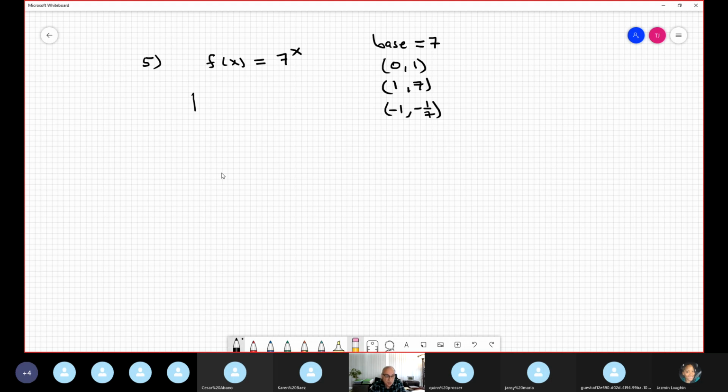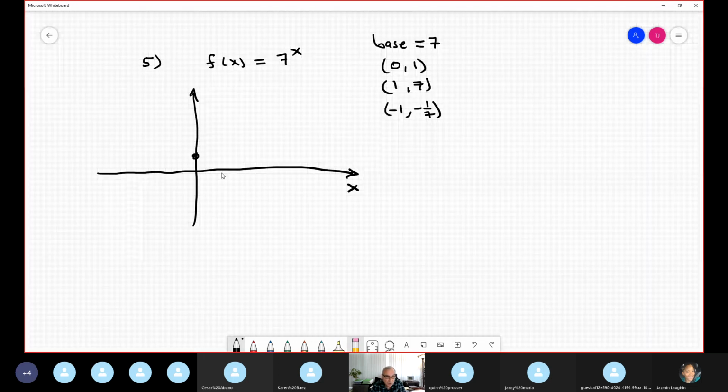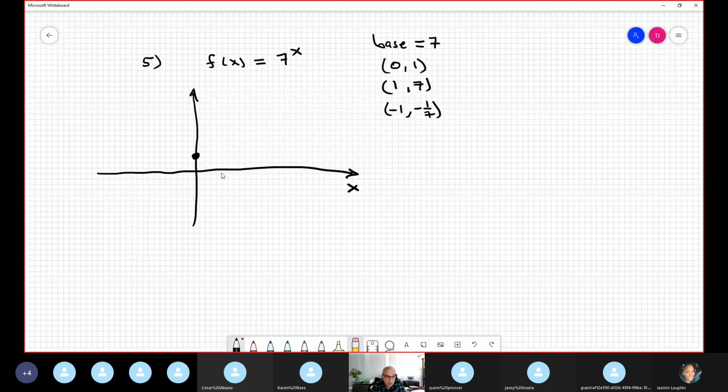I know also, so I'm using my best, just in case I check in Desmos. Okay, I plot the famous universal point, 0,1, then 1,7. Here, this is the point 1,7, and at -1 is 1 over 7, approximately that. 3 points, we are doing the graph.